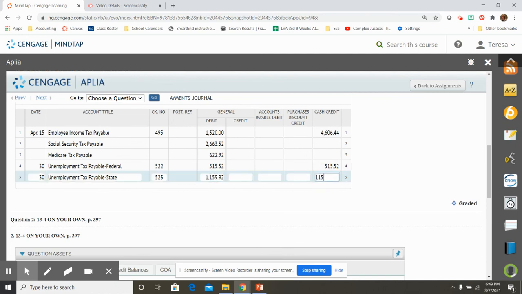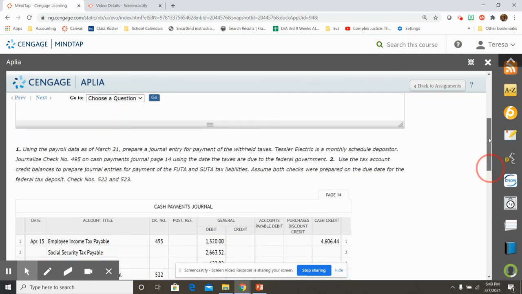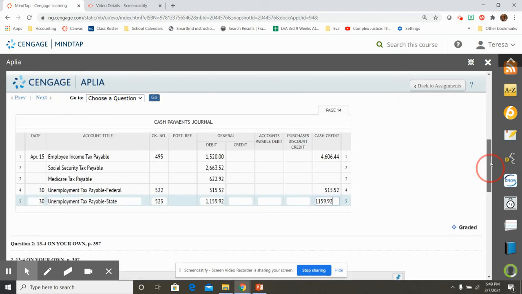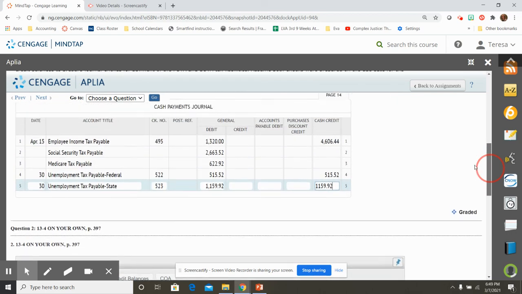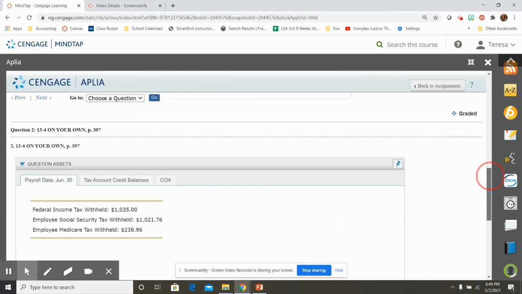Just verify that, and we are done. You can go ahead and submit and complete the rest on your own.